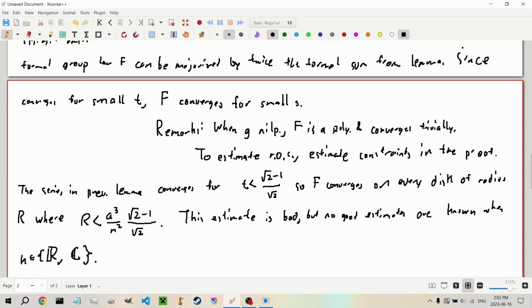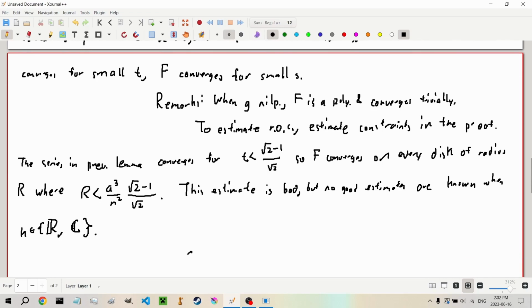Now, suppose k is ultrametric and the restriction of the absolute value to the integers is p-adic.